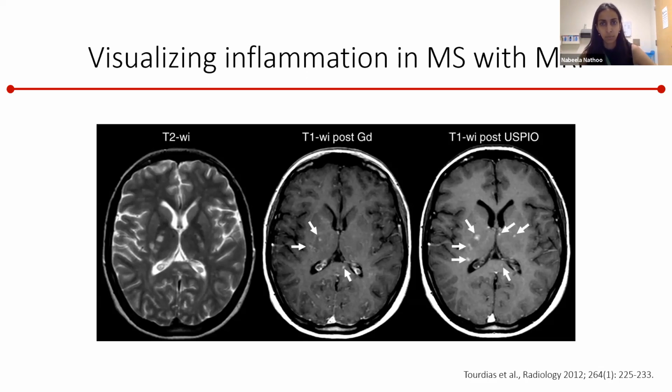Now, if you compare that with imaging after giving these ultra small particles of iron oxide, you can see that there are obviously more areas that light up than what's seen with gadolinium, and that suggests that you're having infiltration of macrophages into the CNS that are not being seen in areas that also have concurrent blood-brain barrier breakdown. It seems like the blood-brain barrier is intact in these regions.